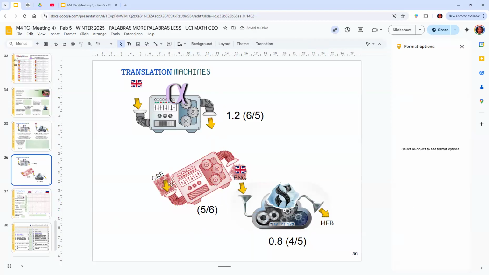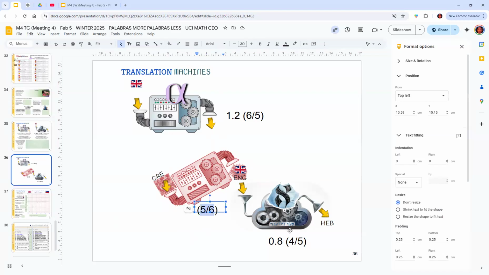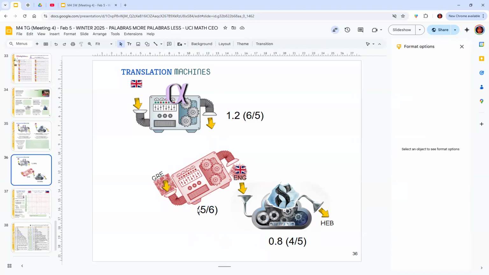And then these two machines get shorter first, because Greek is really long compared to English, and gets even shorter now to Hebrew, because Hebrew shortens the English in terms of the characters, the letters. So you end up multiplying 5/6 and 4/5. And that's kind of easy, because then the 5 cancels, right? So 5/6 times 4/5. So you end up with 4/6, right?